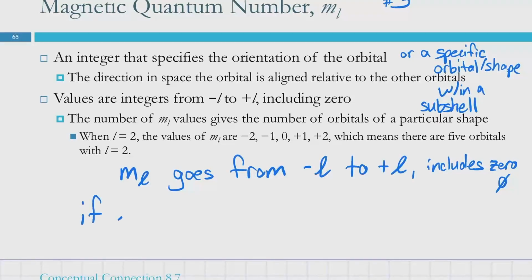So if L equals 1, M sub L has a couple of possible values. It's got negative L, which would be negative 1, up to positive L, and it includes 0. So negative 1, 0, and positive 1 are options for M sub L.